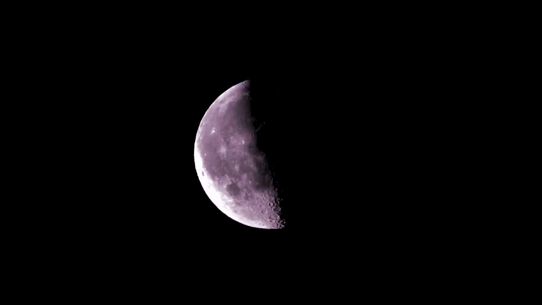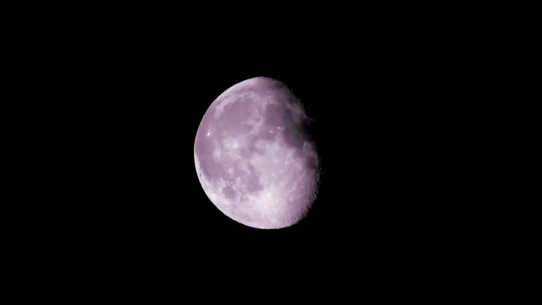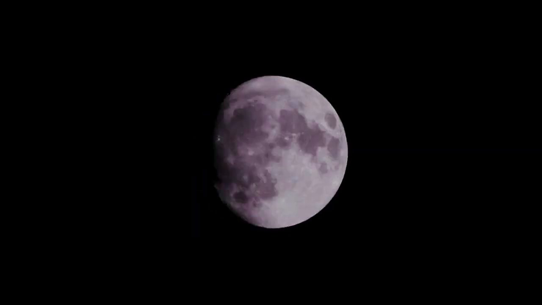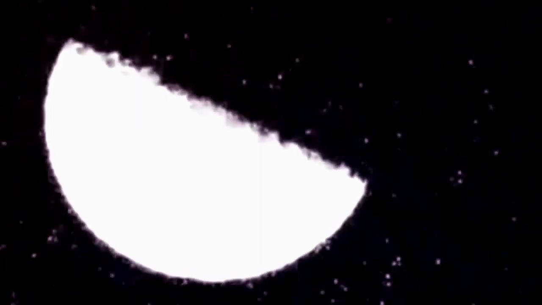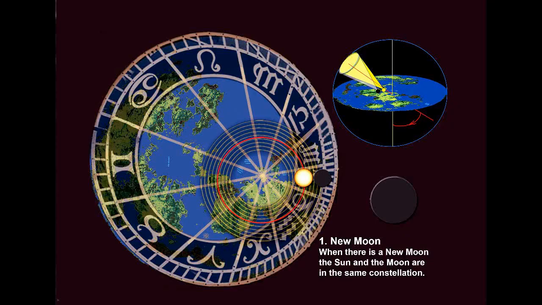Constellation difference, Sun and Moon. There is a relation between the Sun's and Moon's constellation difference and the phase of the Moon like this. New Moon. When there is a new moon, the Sun and the Moon are in the same constellation.